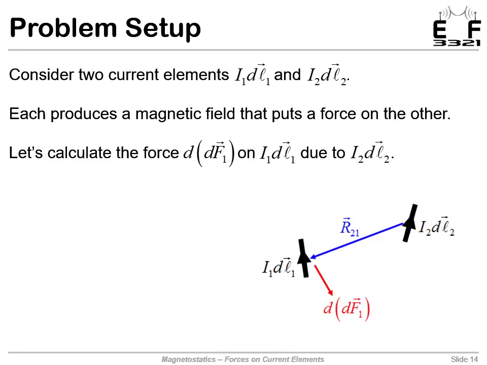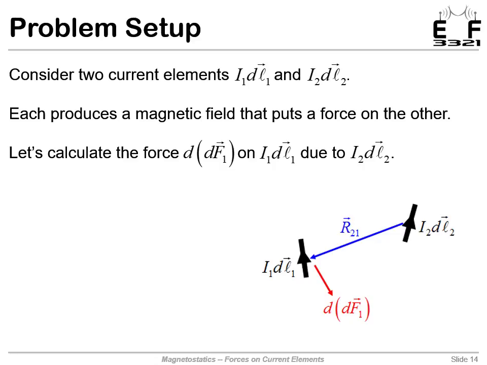Force between two current elements. To handle general problems where we're integrating over two different wires or two different surface currents, we need to be able to calculate the force that one little differential current puts on another little differential current. Here we're showing two differential currents, current 1 and current 2.